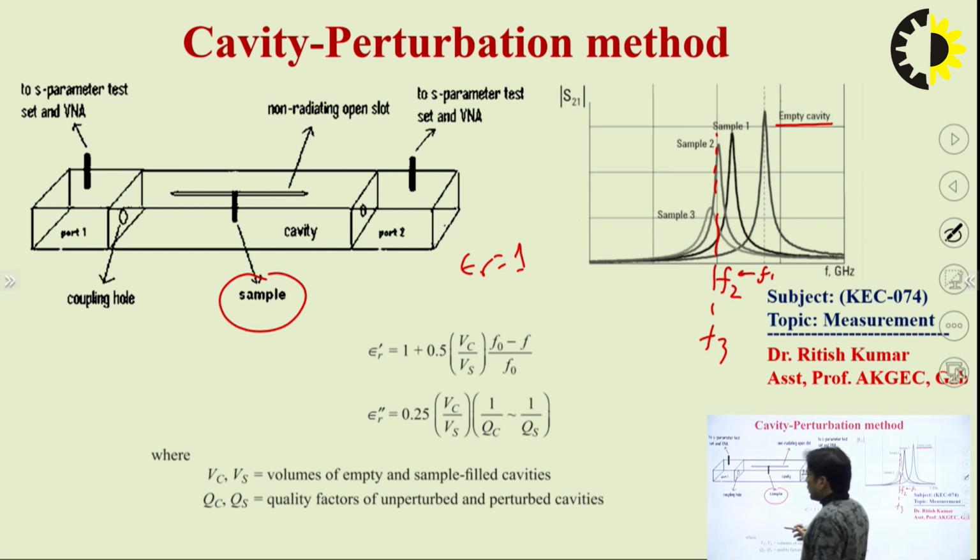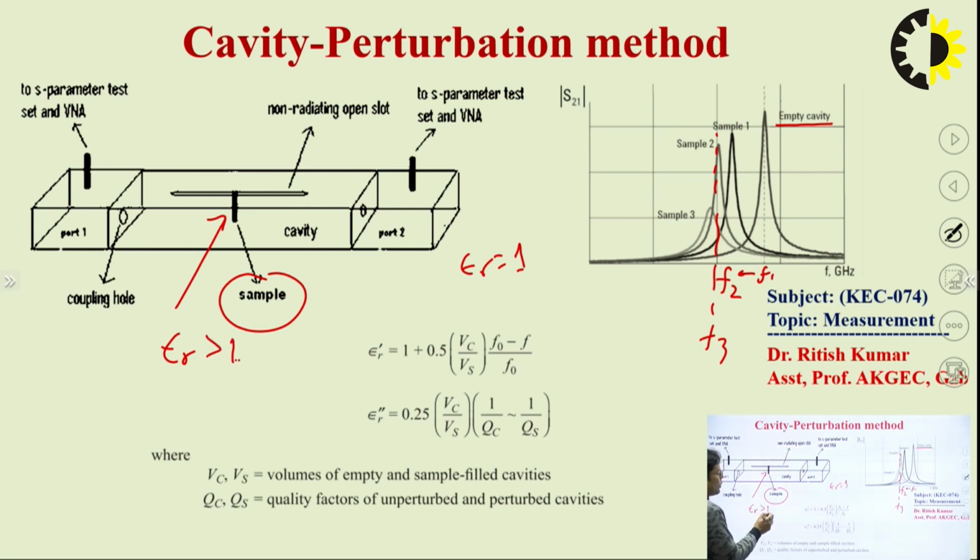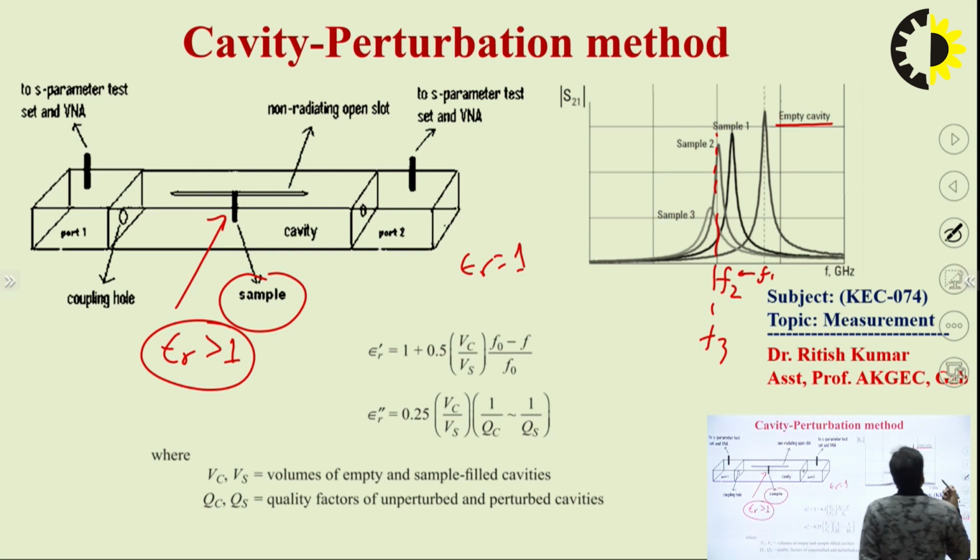But when you insert a material inside the cavity, the material has its own dielectric constant, which is always greater than 1. As we know, the frequency is inversely proportional to the square root of epsilon r. If you increase epsilon r, the frequency shifts to the lower side.